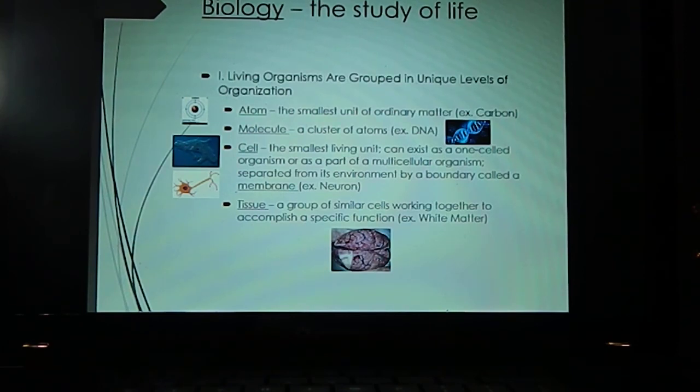We will not get to that level. Anatomy and physiology takes care of that. So if you want to go on and learn about tissues, take anatomy and physiology. But an example of a tissue is white matter. White matter is a tissue layer in the brain.